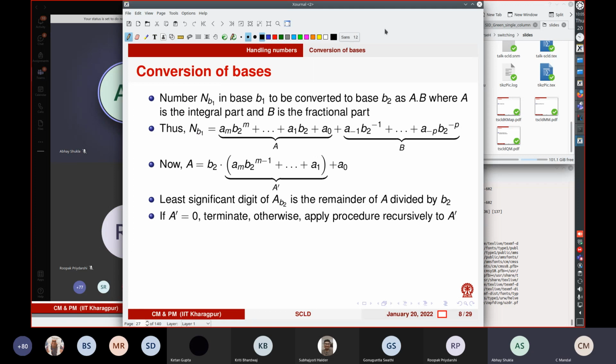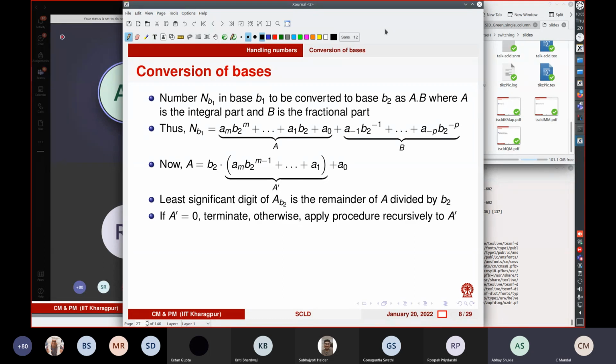Okay. Yesterday we had some problem with the conversion of bases. It's quite straightforward actually. A number N in base B1 is to be converted to base B2.